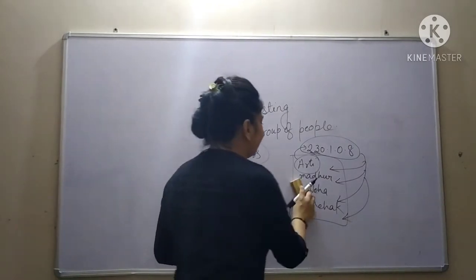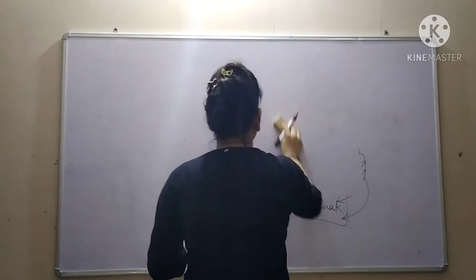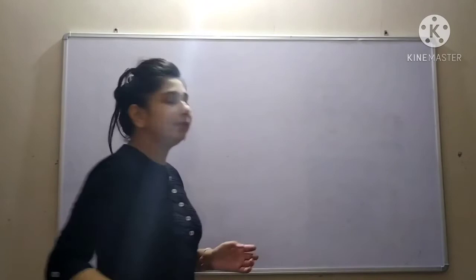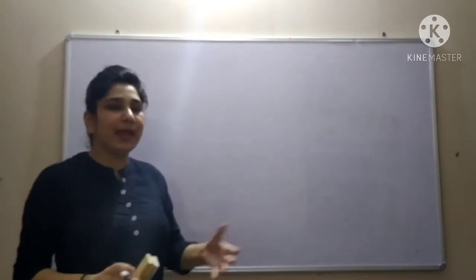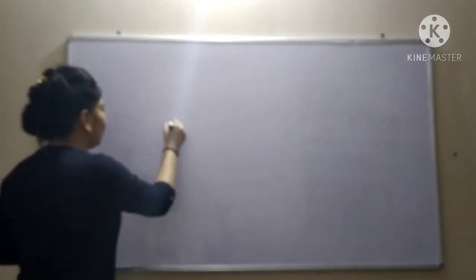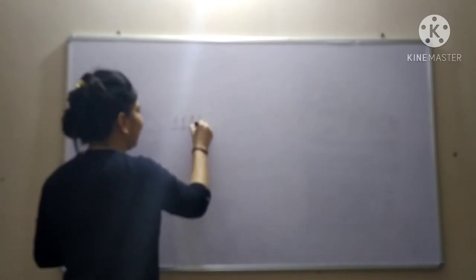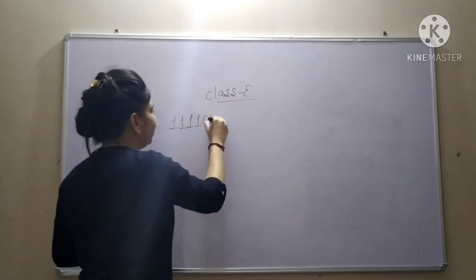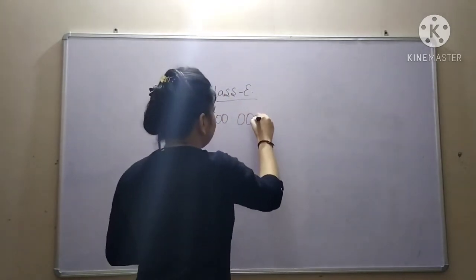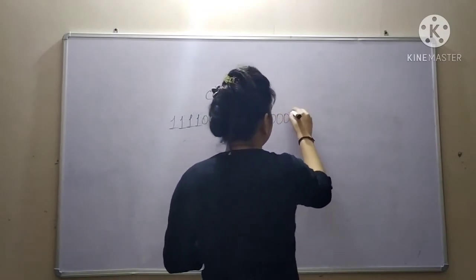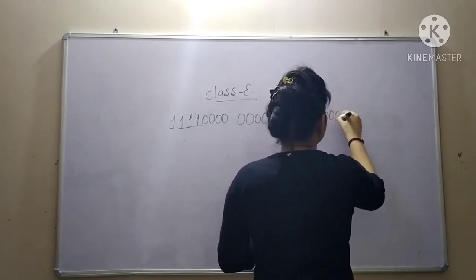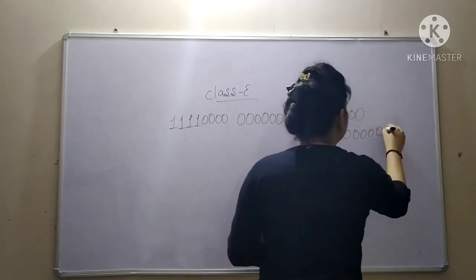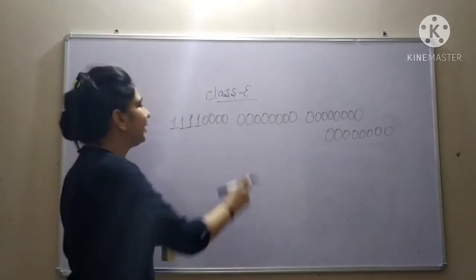Okay, so now let me tell you what is class E IP addressing. The next IP address where we ended in class D is 1111. This is basically your class E IP addressing. The first IP address of class E is 240.0.0.0.